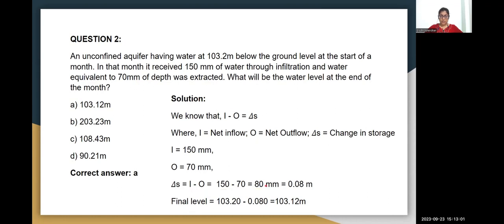If the value is positive, you're supposed to be adding that value, but here 103.2 is given as a depth, so it is subtracting the value, which I'm not very sure is the correct answer. I'll just verify this and come back to you. We'll come back to this question once again.